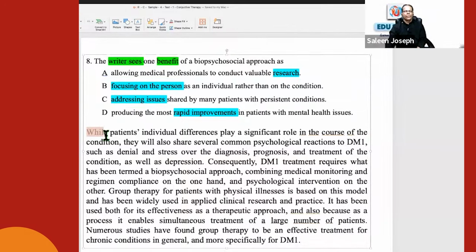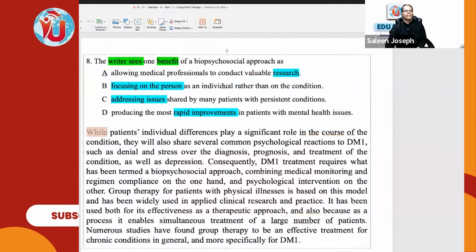See, 'while' is the expression which says this is the dependent clause. So the dependent clause is not important. That will not be the focus. Normally the answer will not come from there. So what is the independent clause? They will also share several common psychological reactions to DM1.